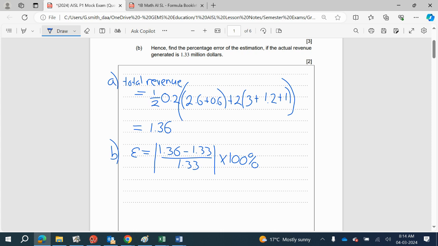The one on the bottom is the value that is given, the actual or exact value. The one at the front is the estimated value, the one that you calculated. So make sure you put the percentage symbol, times 100%, and the absolute value symbol. You're missing these bits and pieces.